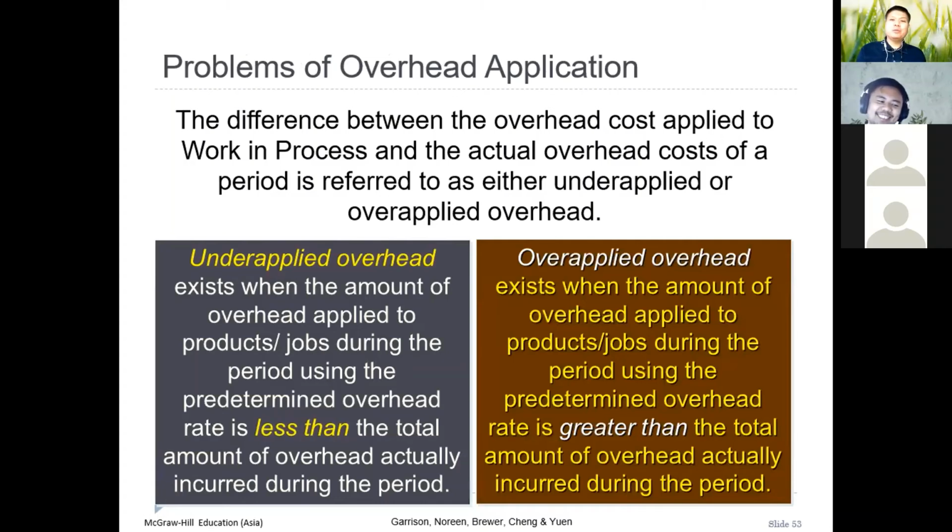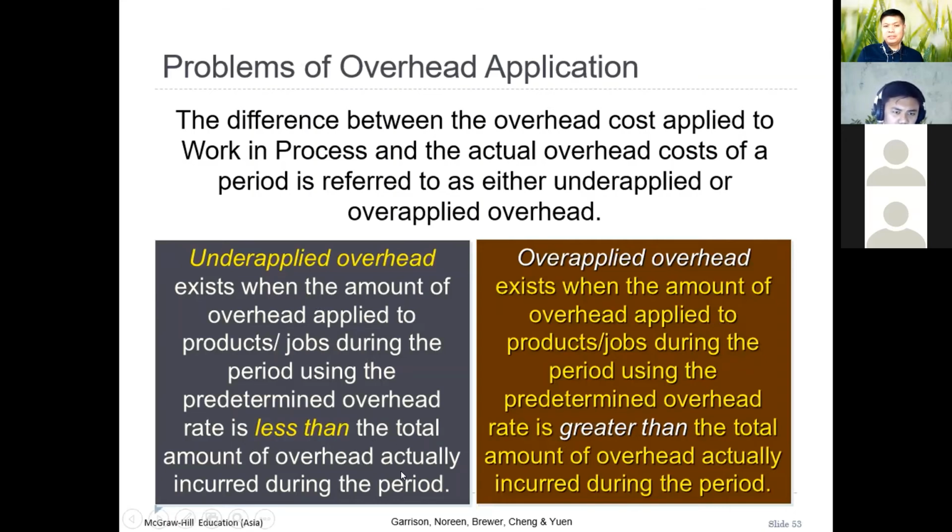So the difference between the overhead cost applied to work in process and the actual overhead cost of a period is referred to as either under-applied or over-applied overhead. Under-applied overhead exists when the amount of overhead applied to products during the period using the predetermined overhead rate is less than the total amount actually incurred.